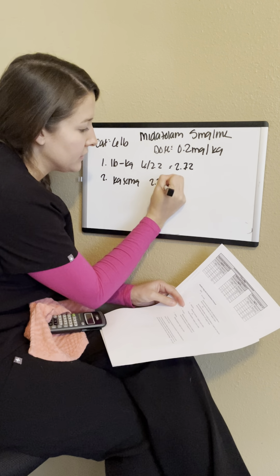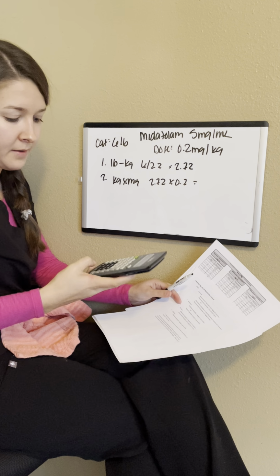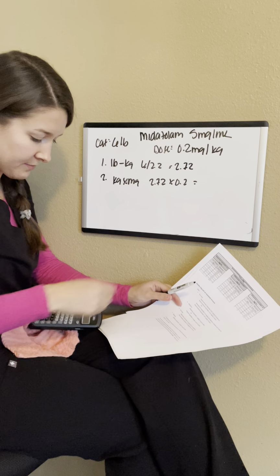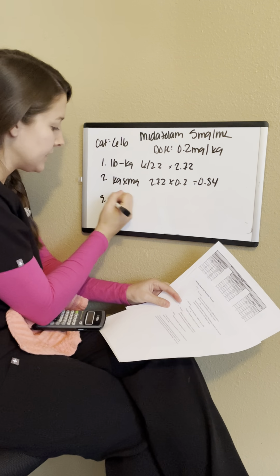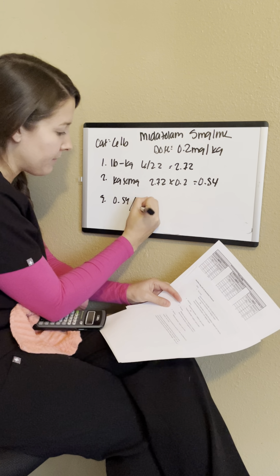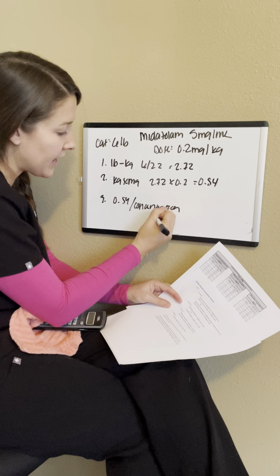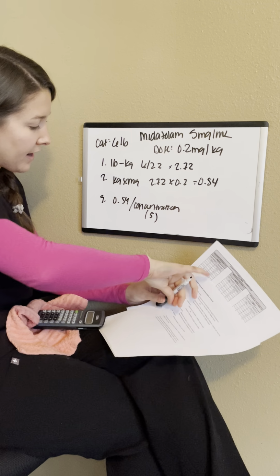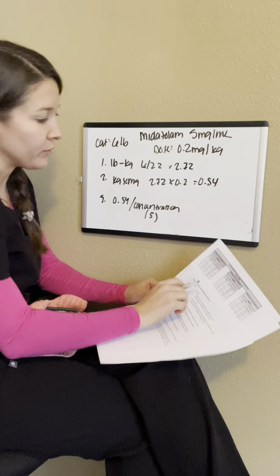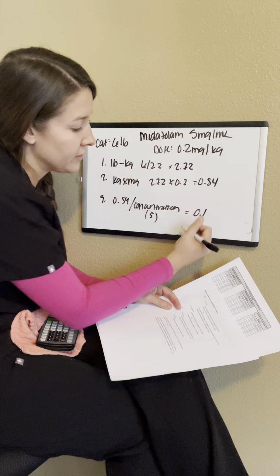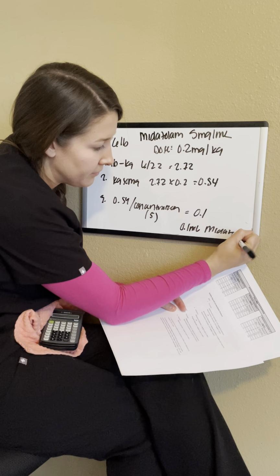So 2.72 times 0.2 is going to be 0.54. And then lastly is going to be 0.54 divided by the concentration. And our concentration for midazolam is 5. So 0.54 divided by 5 is going to be 0.1. So this cat is going to be getting 0.1 mils of midazolam.